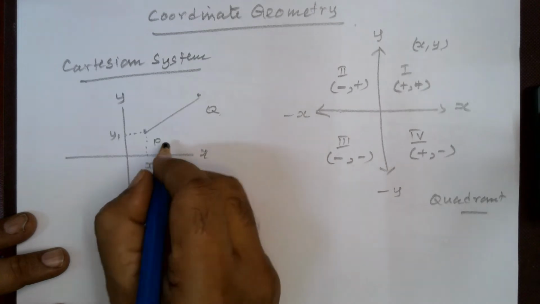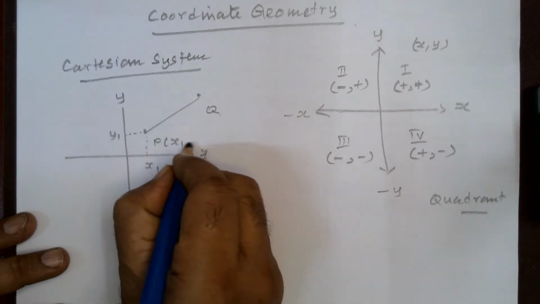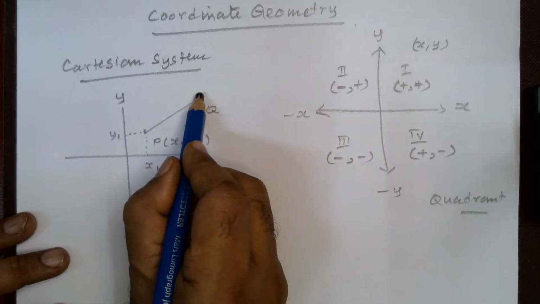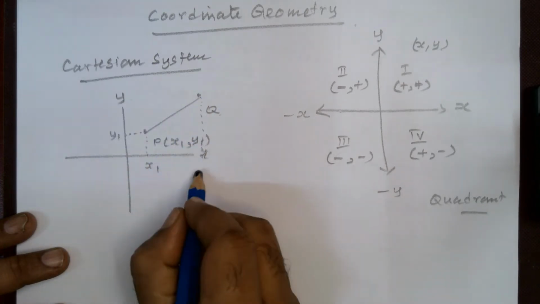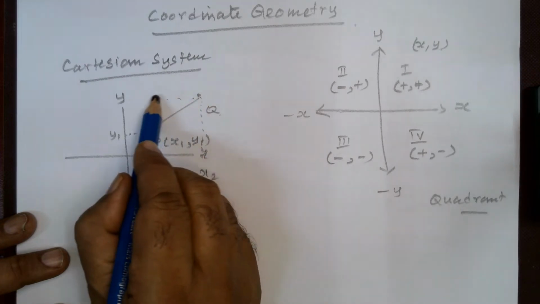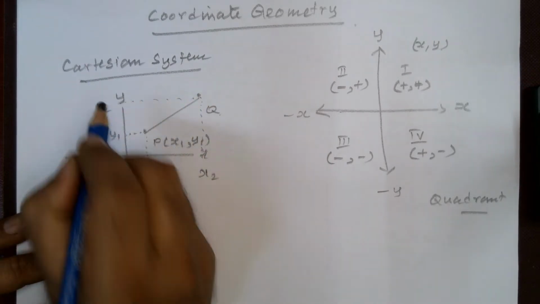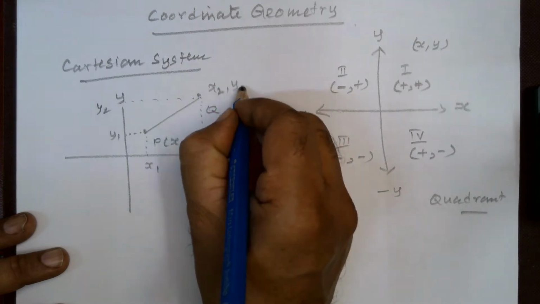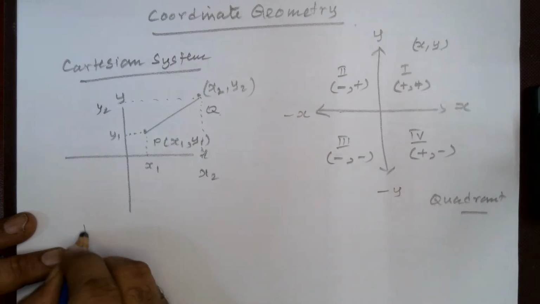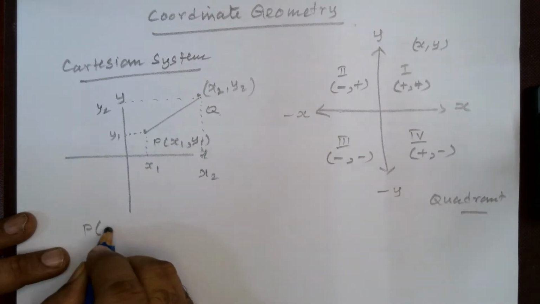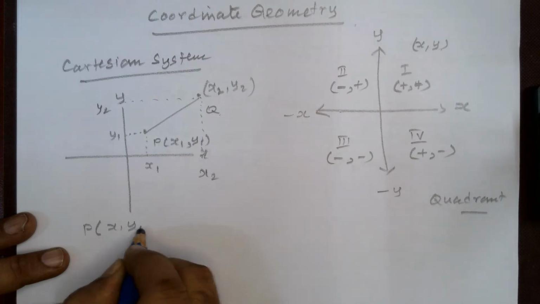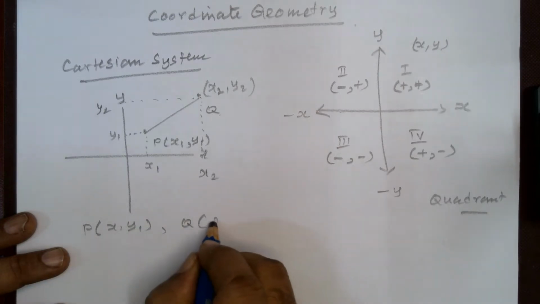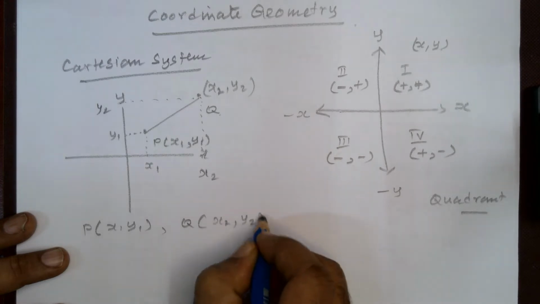So we can represent P as x1, y1. Similarly, this is x2 and that one is y2. So P is represented by the point x1, y1, and Q is represented by the point x2, y2.